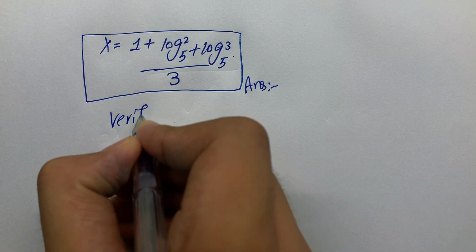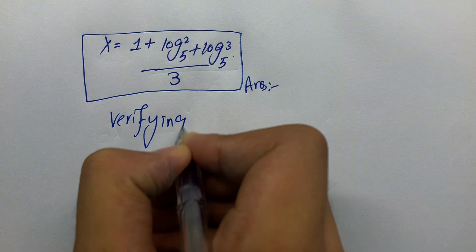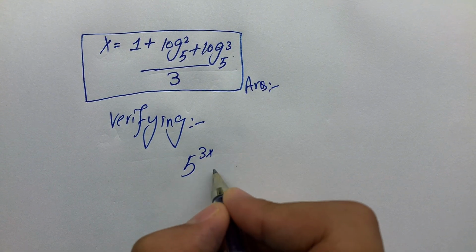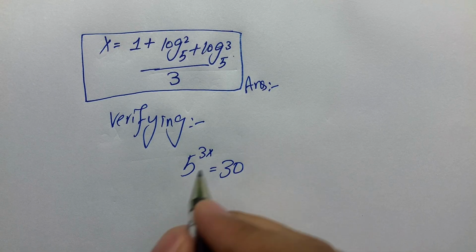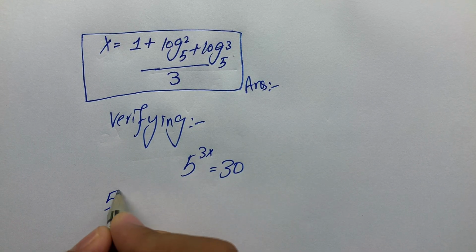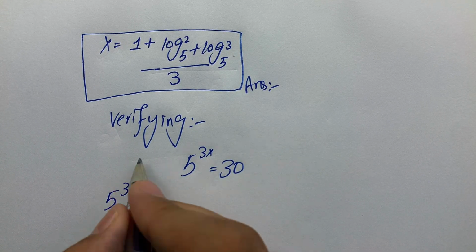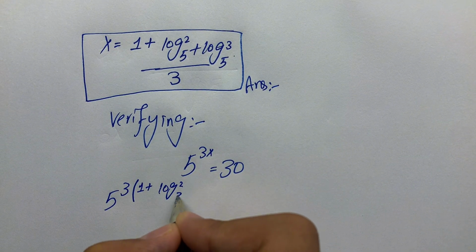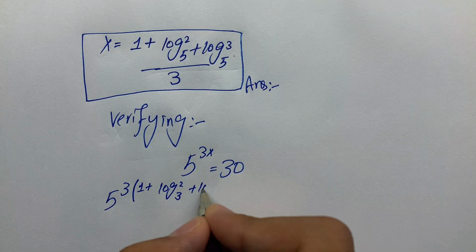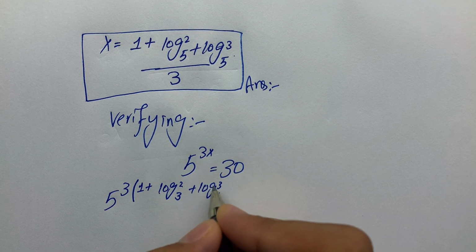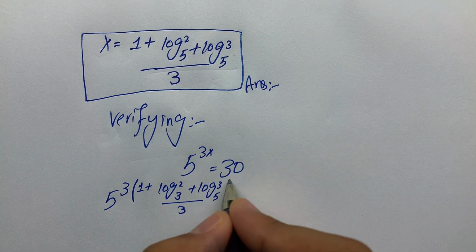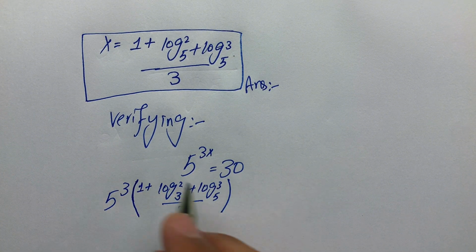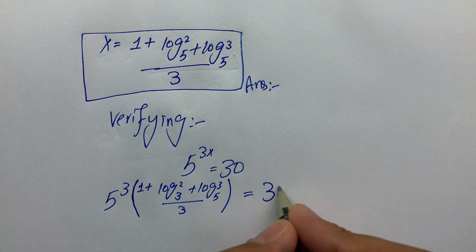Now we are verifying our question. 5 to the power 3x is equal to 30. This will be 5 to the power 3, where x is equal to 1 plus log of 2 base 5 plus log of 3 base 5, divided by 3. This is equal to 30.